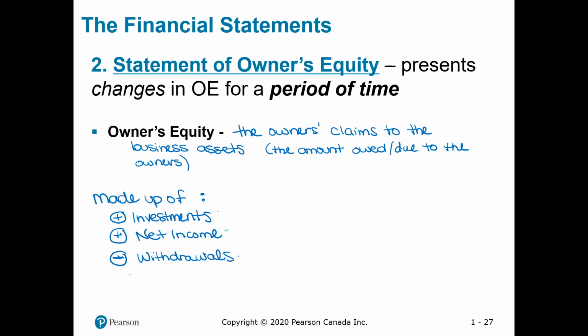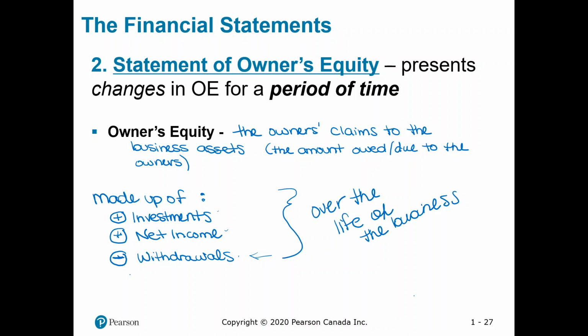And owner's equity really is continuing on over and over for the whole life of the business. So at the end, they just keep growing this amount that's owed to them until they take it out, until they withdraw it. It continues to accumulate year over year.